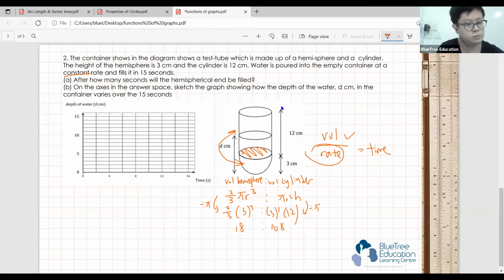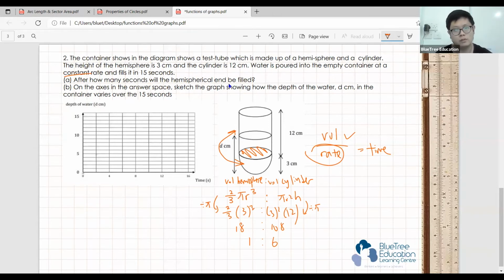If you want to put it in simplest form, you can use the calculator for that. Just type it as a fraction, and when you press the equal sign, it will convert to the simplest form for you, which is 1 to 6. That means that the amount of time needed to fill the hemisphere is also going to be in the same ratio, because the volume is 1 to 6, so the time needed is also 1 to 6.